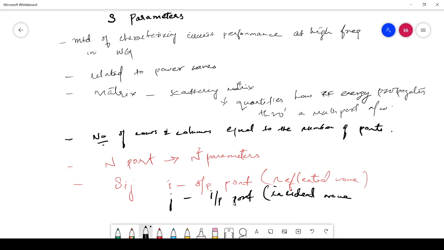So the incident wave is at my input port and the reflected wave is at the output port, because for an RF signal incident on one port, some fraction of the signal will be reflected.